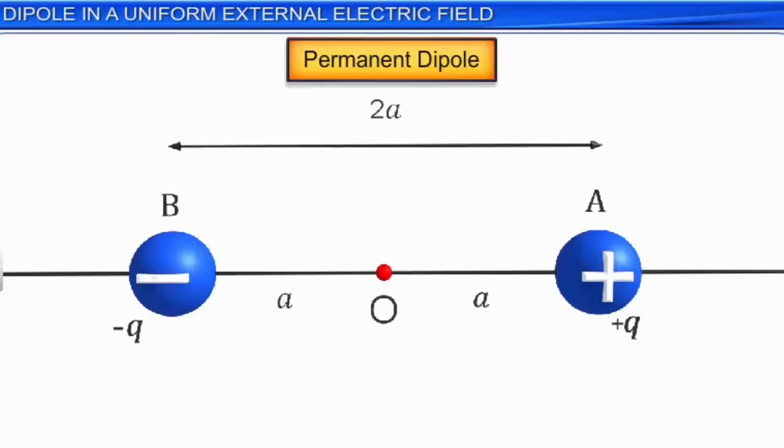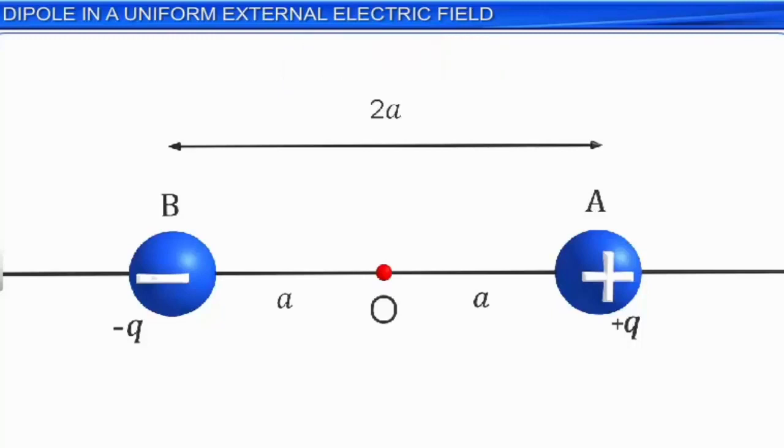A permanent dipole is one which has a dipole moment irrespective of the presence of an external electric field. The electric dipole moment P of the dipole is equal to 2aQ, directed from minus Q to plus Q along the axis of the dipole.